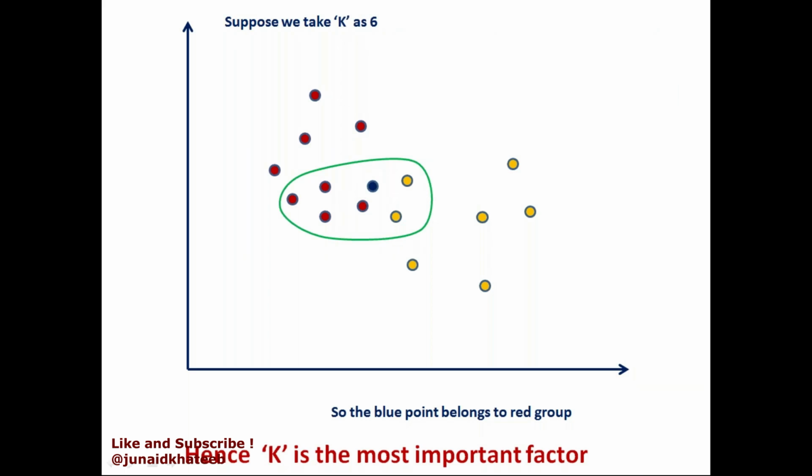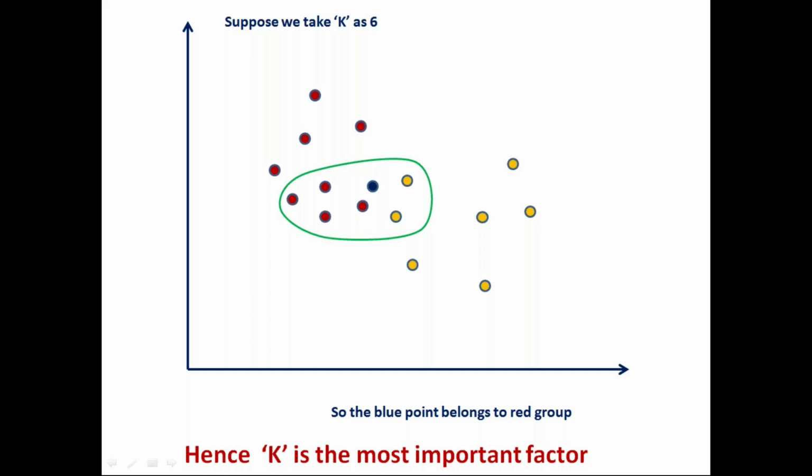Of the 6 nearest neighbors, 4 are from the red group and 2 are from the yellow group. So the point that I'm planning to classify is actually closer to the red group, so this is classified as red.